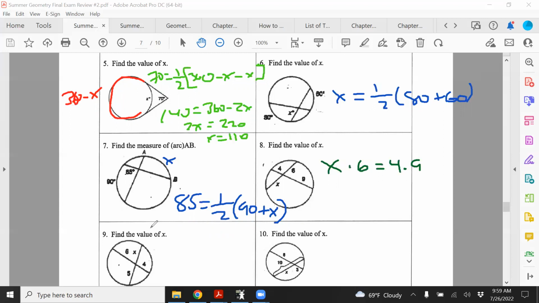Yeah, here you're gonna say 6 times 4 equals 5x. You're gonna say that's gonna be 10 minus x. Excuse me. That's 10 minus x right here.